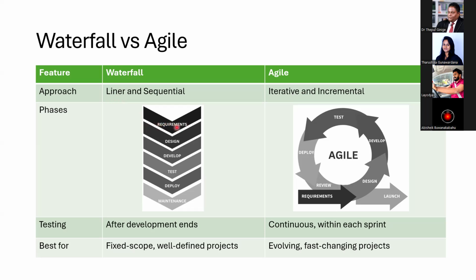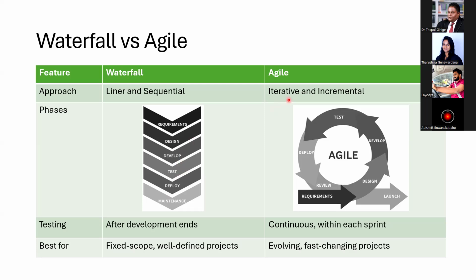After that, based on the requirements, we do the designing. Then, based on the design, the development of the software happens. Once the development is done, only then does testing start, right? And then the deployment, then the maintenance. Likewise, all the things happen one after another, and the entire software is developed activity by activity like this.